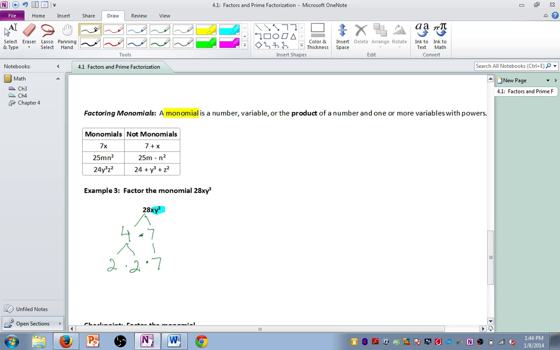How I include them in my final factoring is I bring down my x. That's still showing 7 times x. But the way I want to show y cubed, or y to the third power, is the same as y times y times y. So if I'm factoring the monomial 28xy cubed, that is 2 times 2 times 7 times x times y times y times y.